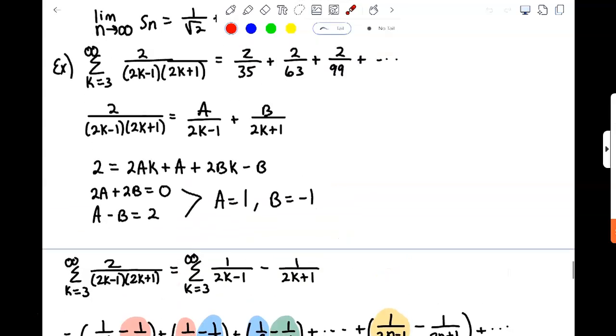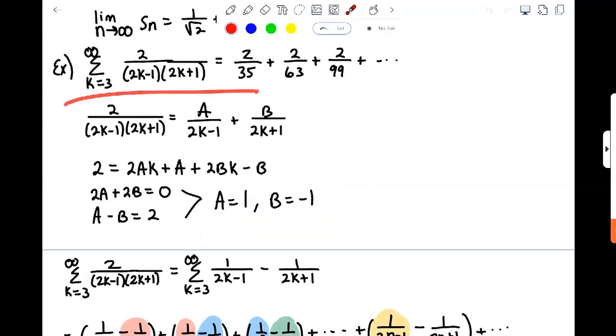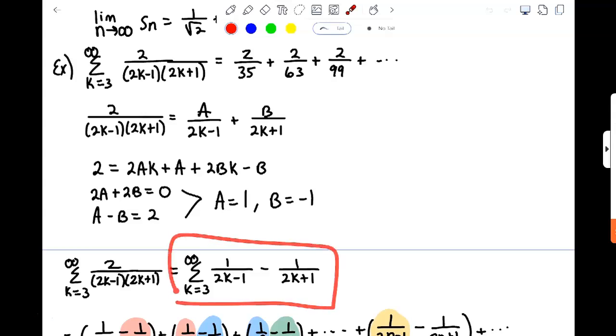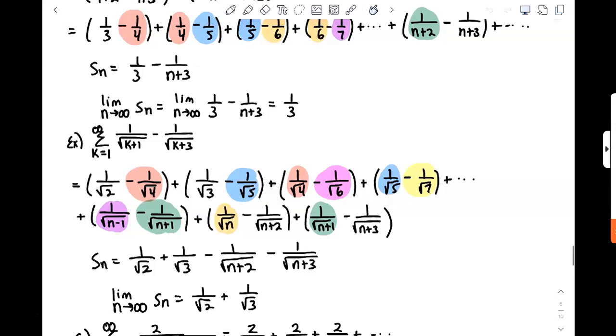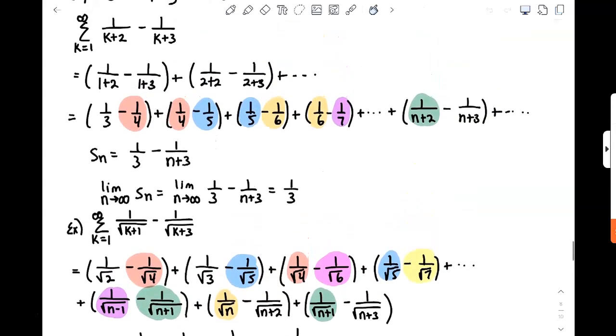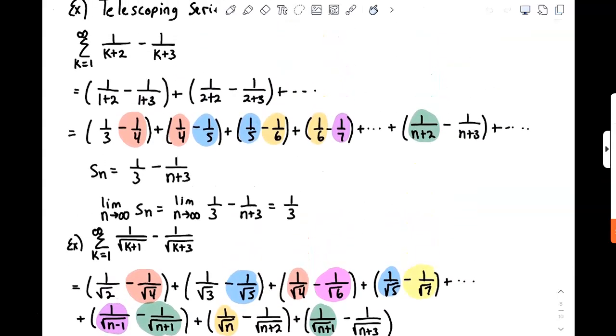I would not give you one, on a test anyway, where you're going to have to do partial fractions to expand it out first. That's just too hard. I could, of course, give you the rest of the problem, where it's pretty straightforward to work out, or like the other two examples that we did with the telescoping series.